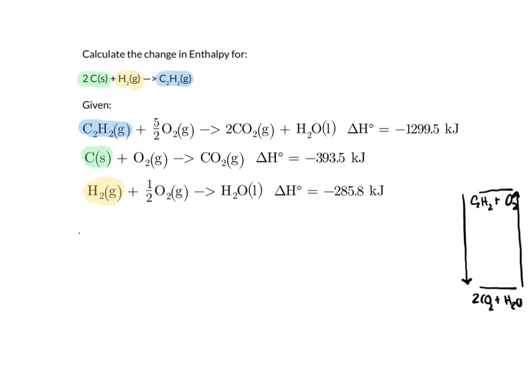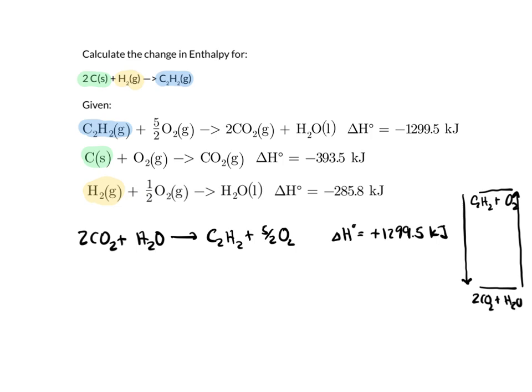So if I write 2 CO2 plus water goes to C2H2 plus 5/2 O2, that delta H, standard state, is going to be positive 1299.5 kilojoules. Now, what happens if I double the amount of reaction that I do?